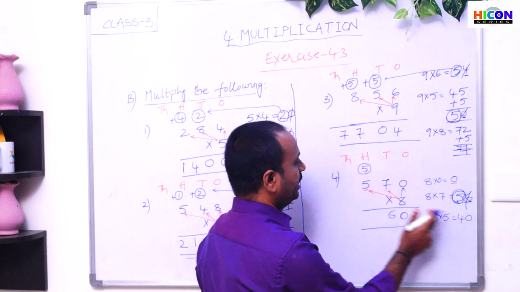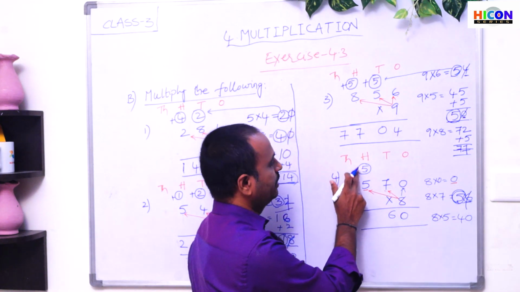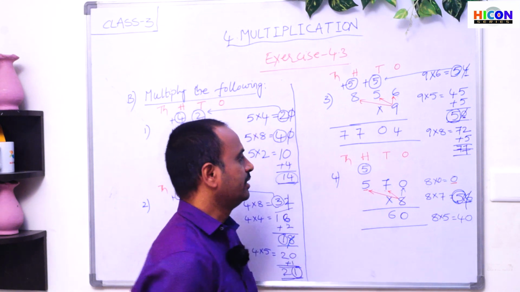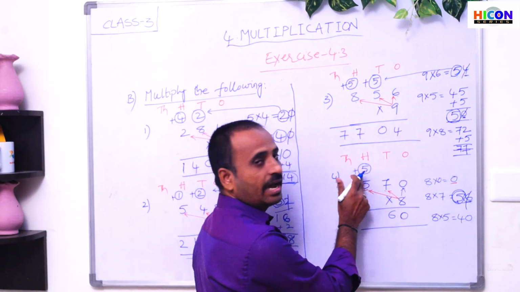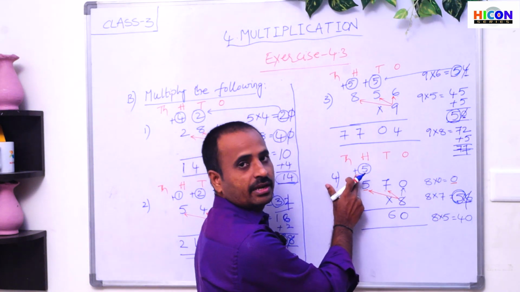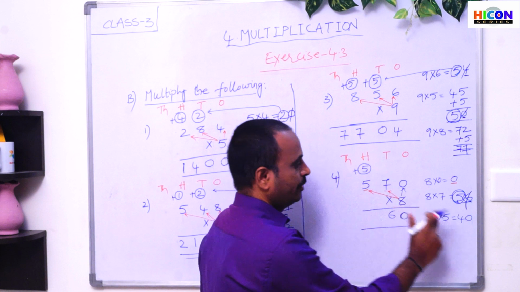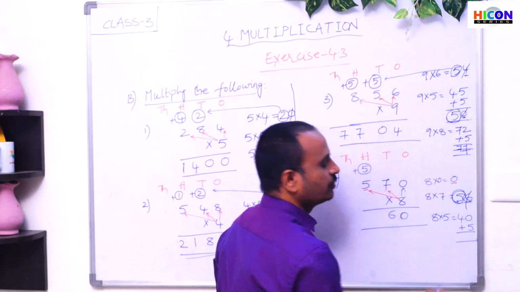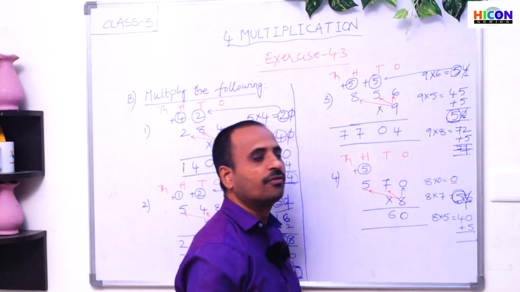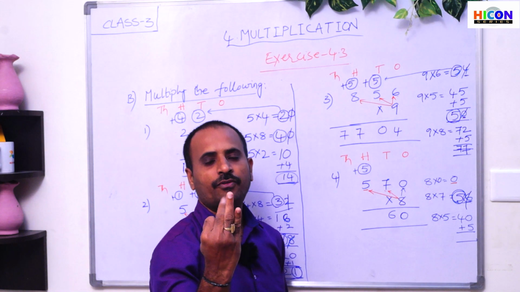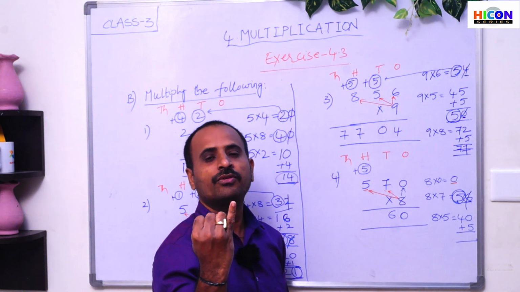And again, there is a carried number 5 under hundreds place. If there is a carried number, then we have to add that carried number to the product. What is the carried number here? 5. Add 5 to 40. How much will you get? If you add 5 to 40, after 40: 41, 42, 43, 44, 45.